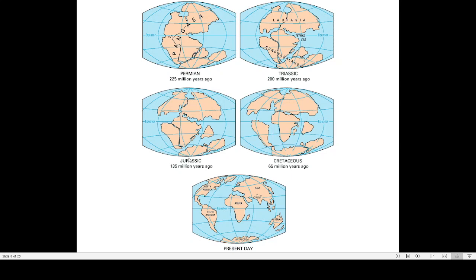During the Jurassic period, when dinosaurs were there, which started from 135 million years ago, you can see that India was mostly an island. That could be one reason why we don't have so many dinosaur fossils in India.